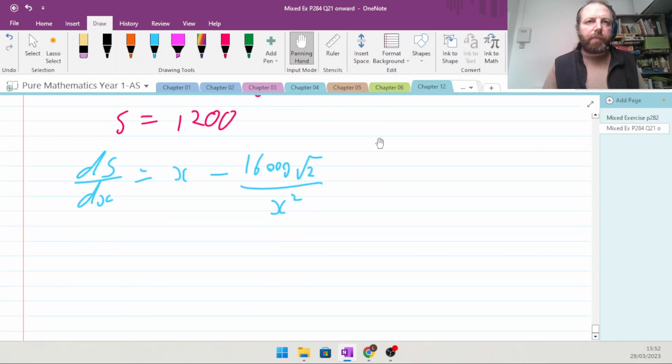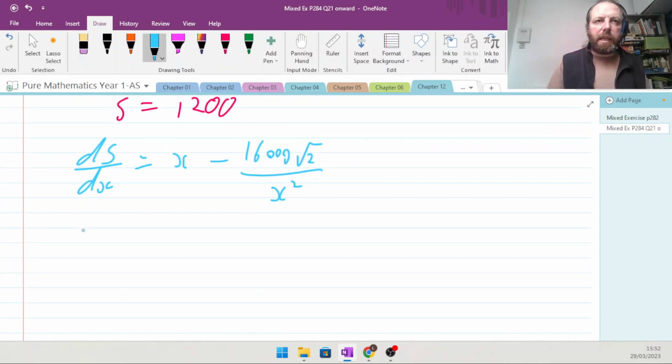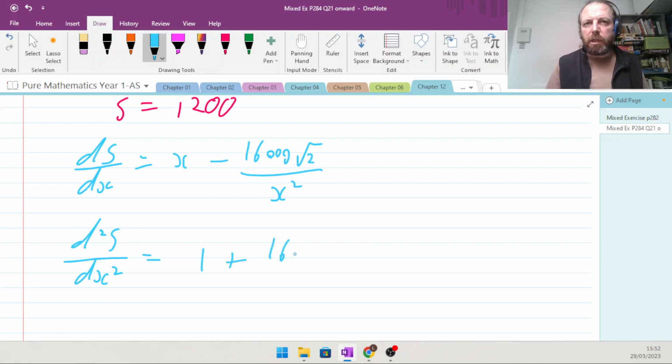Yep. Then d2s dx squared is equal to 1 plus 16,000 root 2 over x cubed.